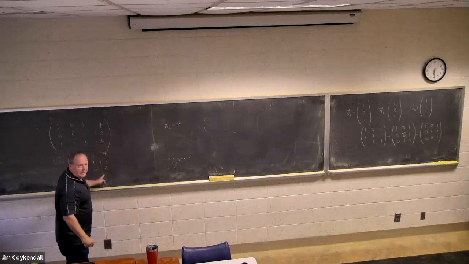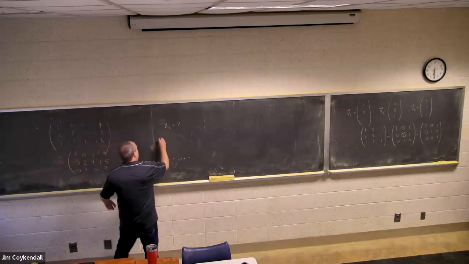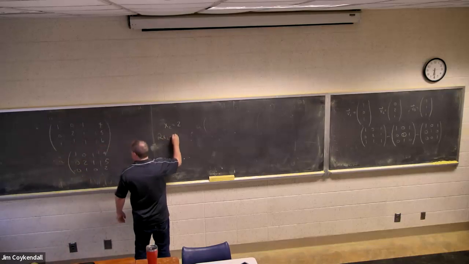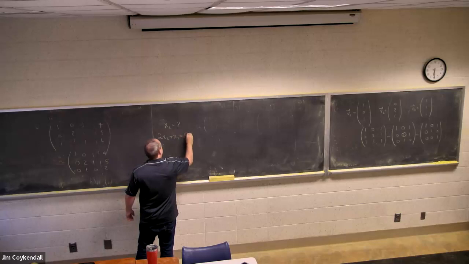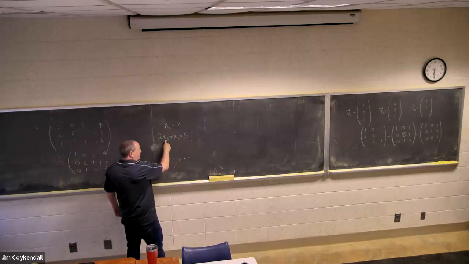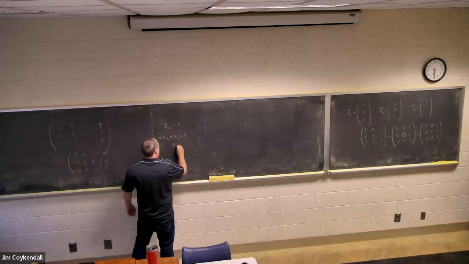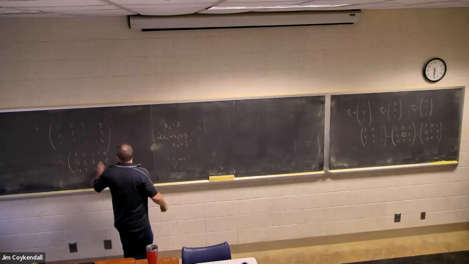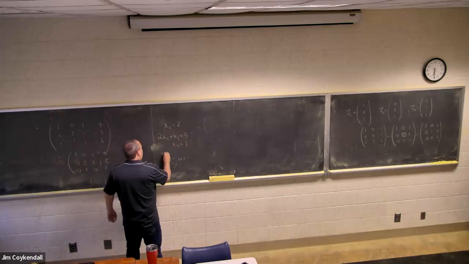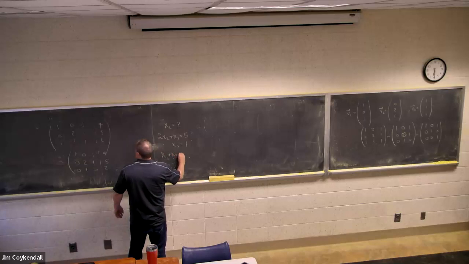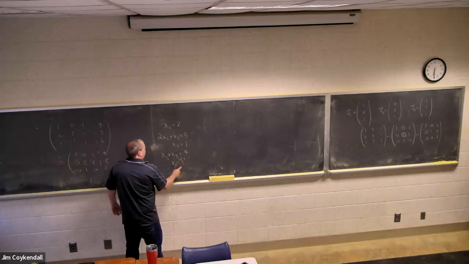That equation is immediate. And then I get x2 plus x3 is 5. But I know that x2 is 2, so x3 is 1. And now the first equation, x1 plus x3 is equal to 4, and x3 is 1, so x1 is 3. So we get 3, 2, 1.